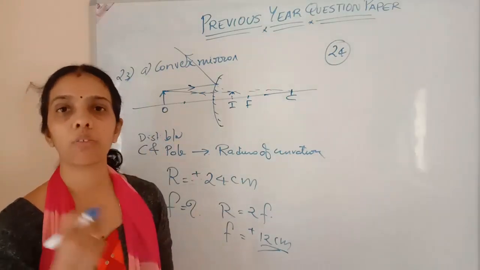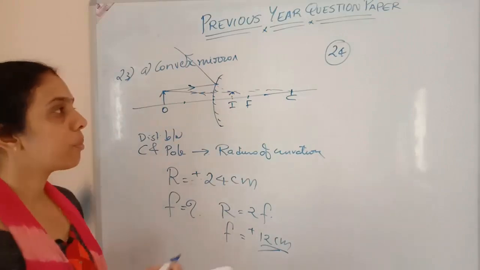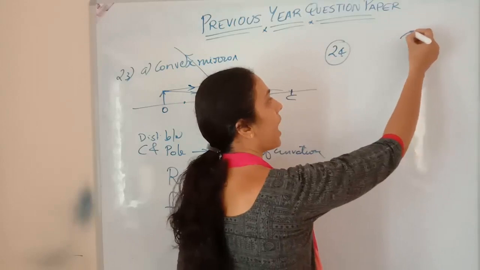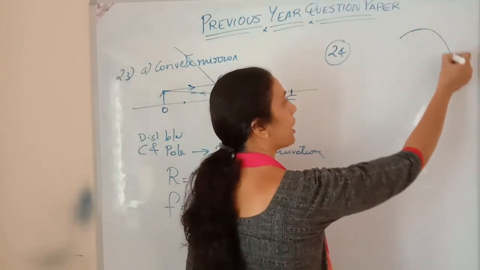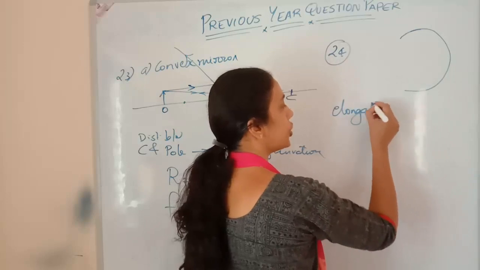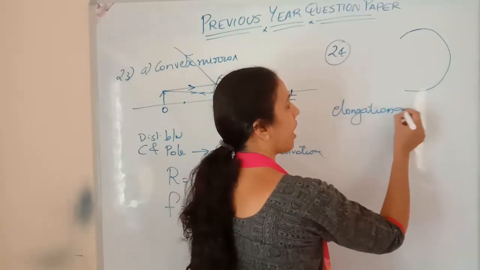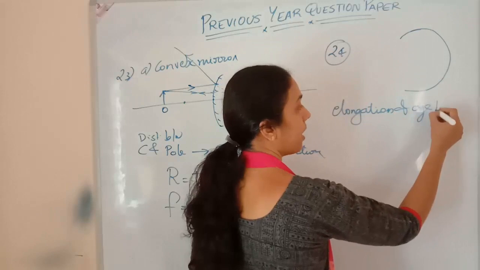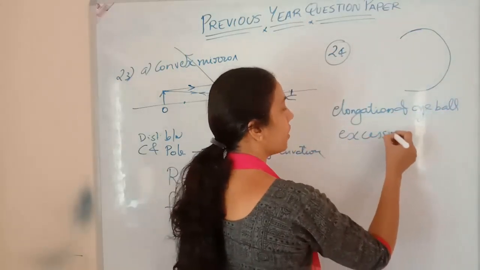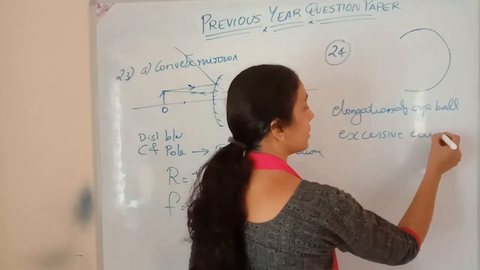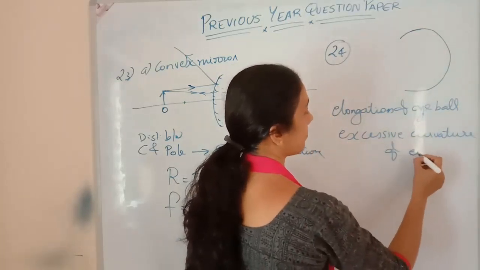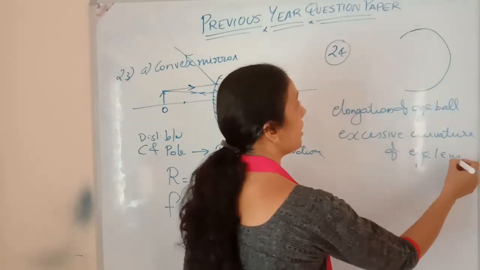Excessive curvature of the eye lens and elongation of the eyeball. These are the two.